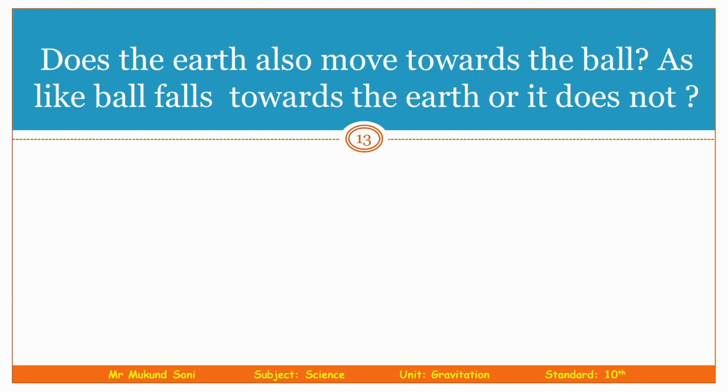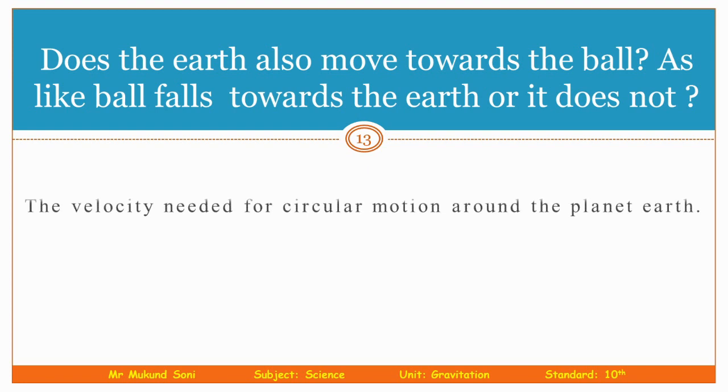Do you recall, the Moon also has a spherical shape like our ball, almost spherical, but it does not fall onto the surface of the Earth, even though it has a smaller mass, many times less than the Earth, while our ball falls down. There must be some specific reason behind it, isn't it? Let's find out. The reason is the velocity for circular motion around the planet Earth.